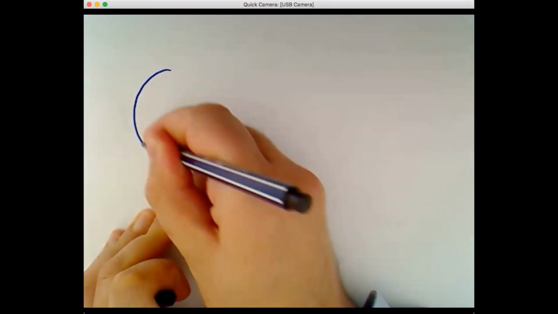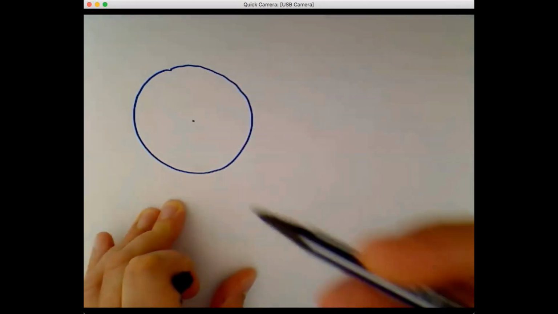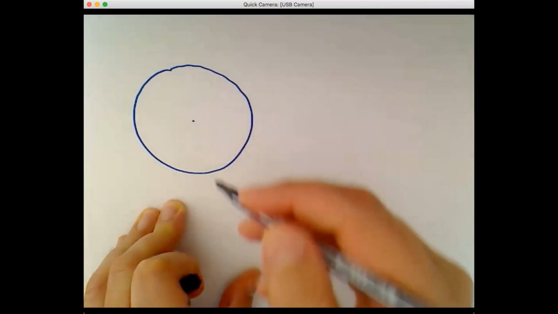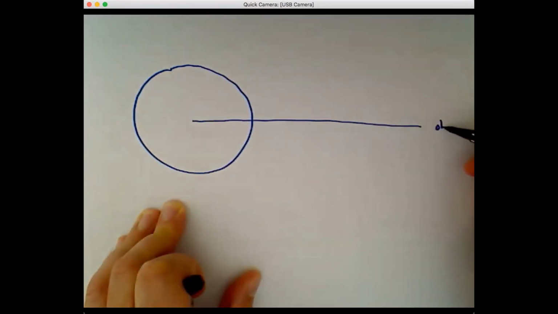So the idea is very simple. If you assume an ejecta, which is, for instance, at that stage, I can assume a spherical ejecta, and an observer which is in this direction, okay?